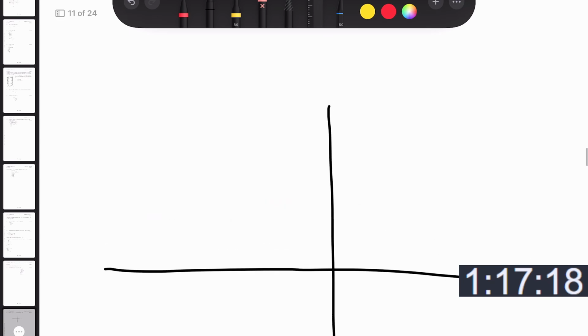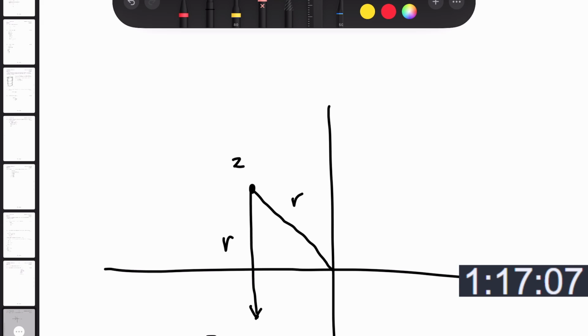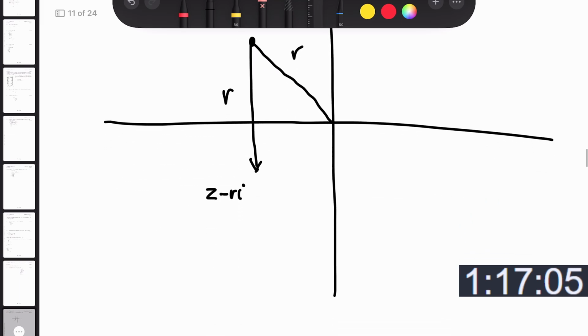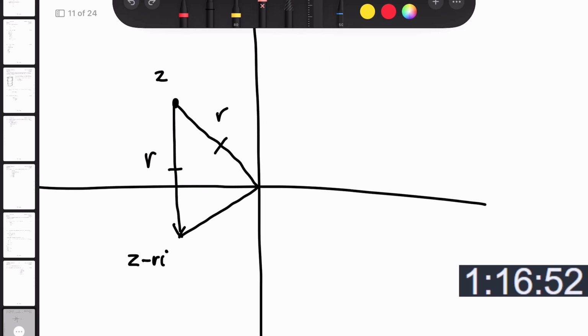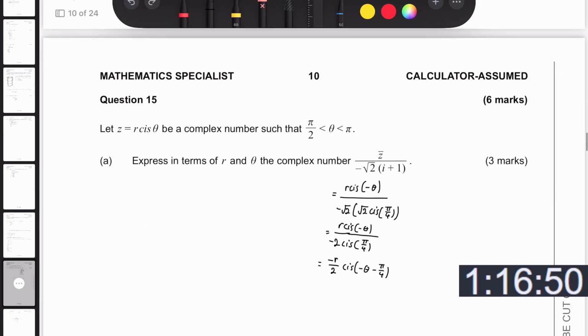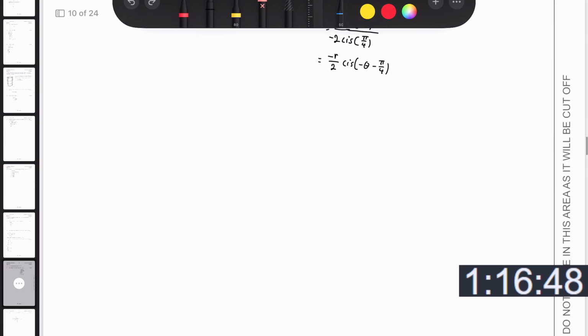I want it nice and big so I can see what I'm doing. So this is z, this is r, and again, this is r, and this is z minus ri. And then these are the same. You know that this is theta. We don't know that that's theta, but that must be the same as this angle. So cis of theta.